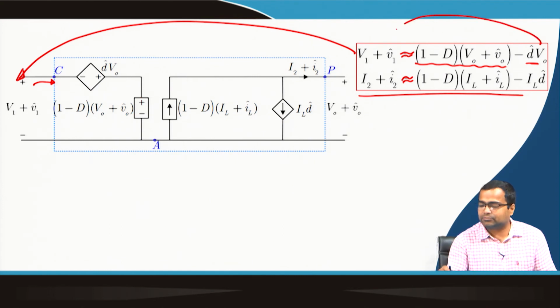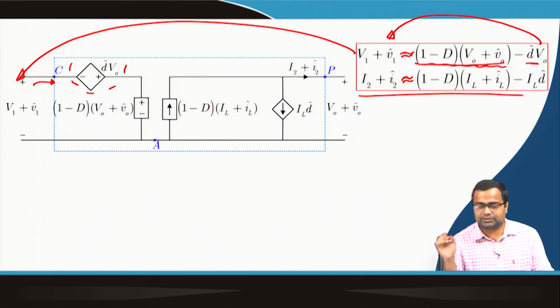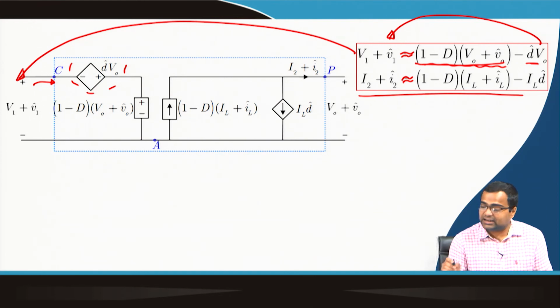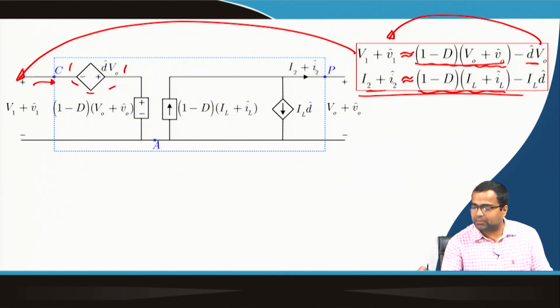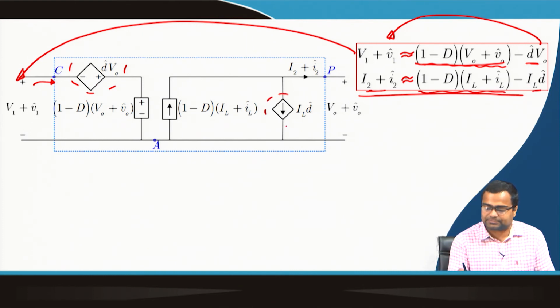If you take this term to this side, then V1 plus V1 hat, the whole thing, plus d hat into V0, from this circuit is equal to this term. Similarly, if you write the current, the output current consists of two parts, this part minus this part, and this is the minus part. That means the current is going in this direction. So, this current minus this current will be this current, right.